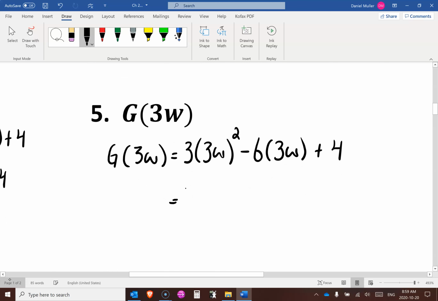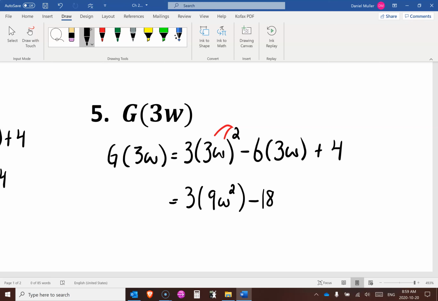Okay, what do we have here? So there's a 3, and then we're going to have to square the 3 and square the w. So 3 squared is going to be 9, and w squared is a w squared. Minus 6 times 3 is an 18, and there's a w, plus 4.